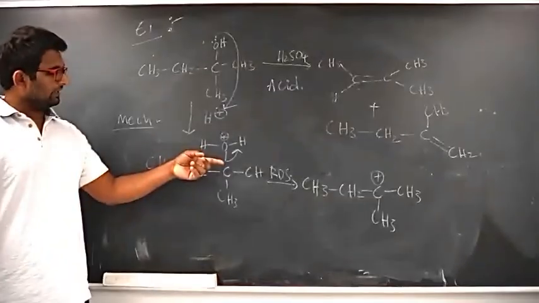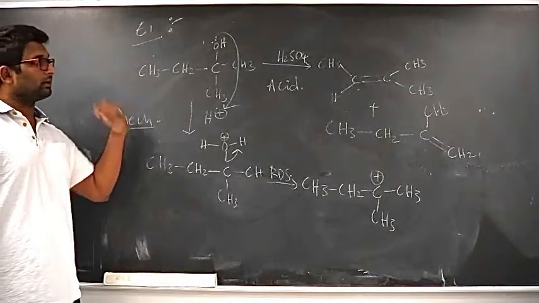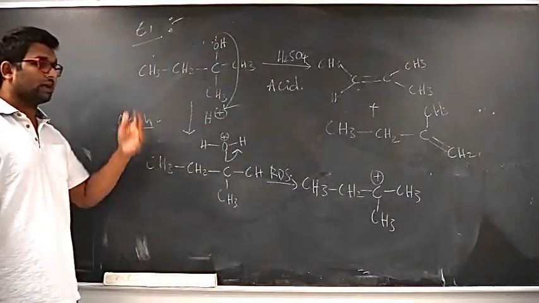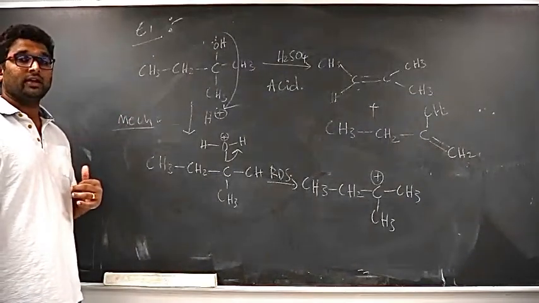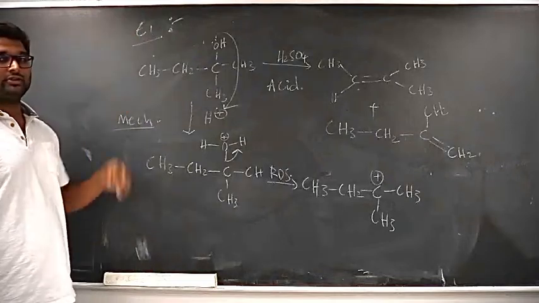Since the rate determining step depends on the concentration of only the substrate but not any base or acid in this case, that's why this is called a unimolecular elimination reaction, E1.